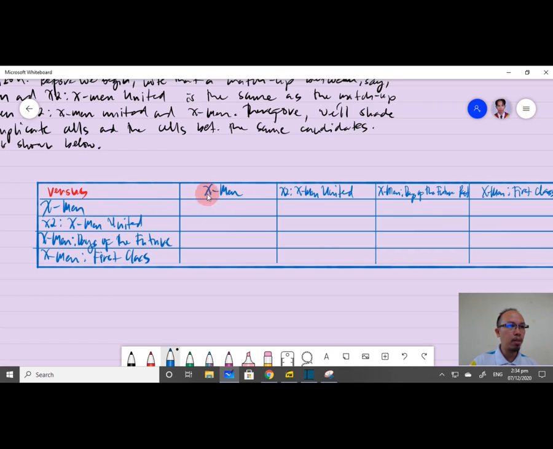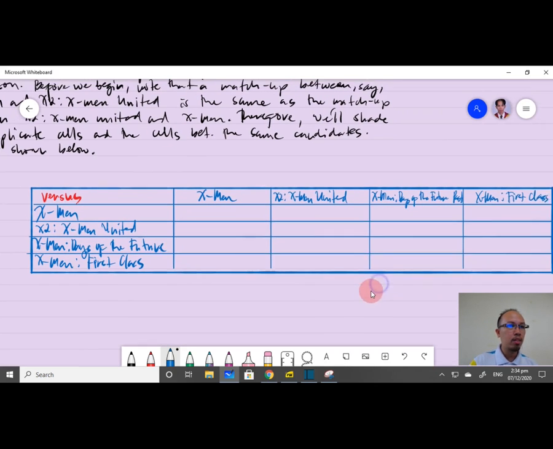So X-Men versus X-Men cannot be done. Also, X-Men versus X2: X-Men United is the same as X2: X-Men United versus X-Men, so we are also going to shade below the diagonal.